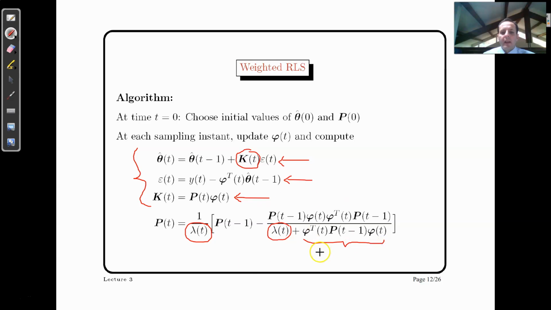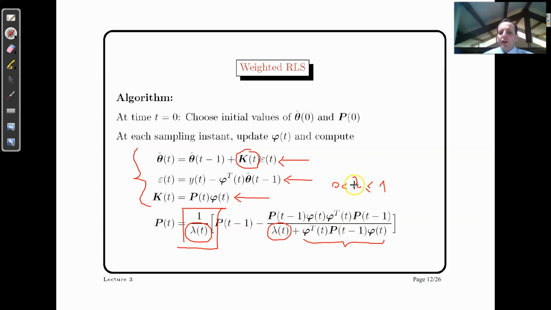The most important effect is clear here at the beginning, because you know that lambda assumes values between 0, of course it cannot be equal to 0, and 1.